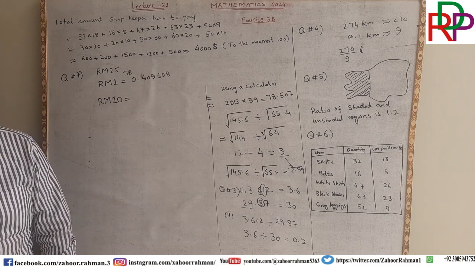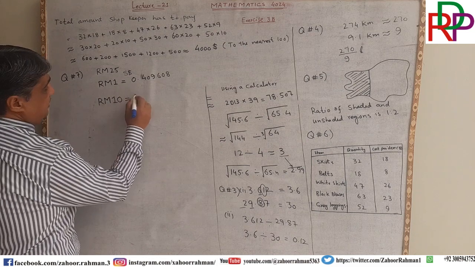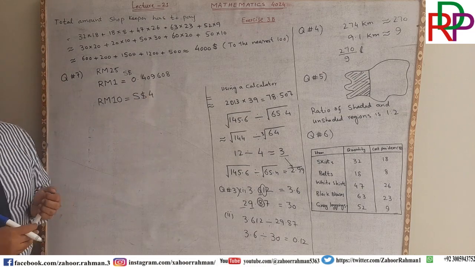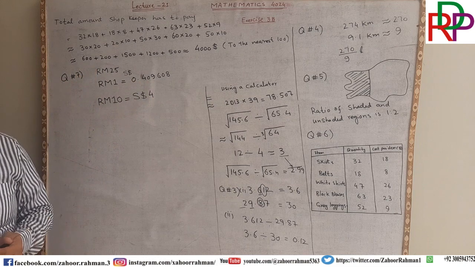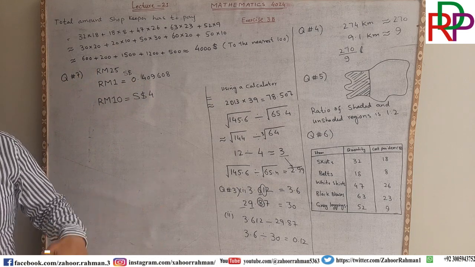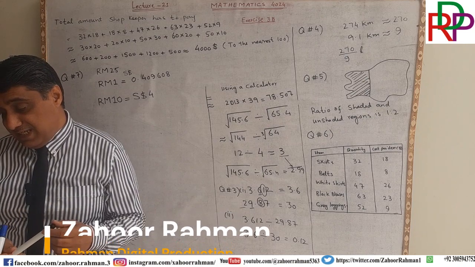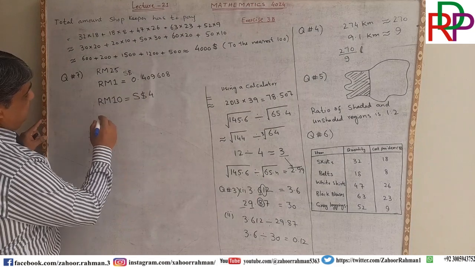It is equal to 4 Singaporean dollars, because when we multiply 0.4 by 10 it becomes 4. So this is nearly equal to that.